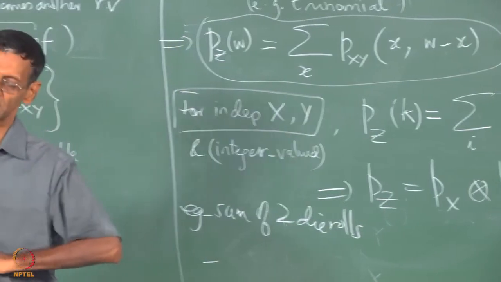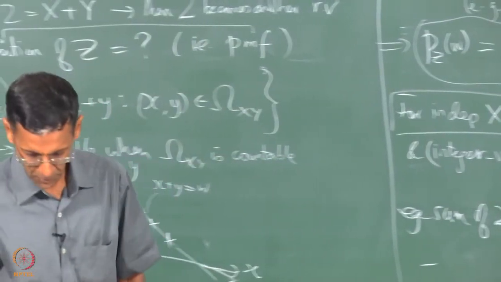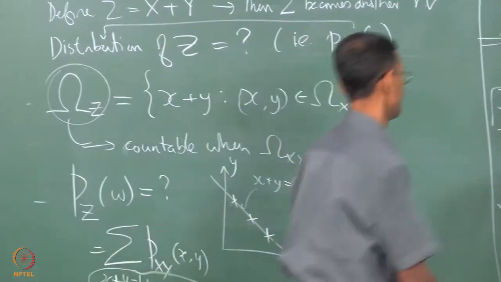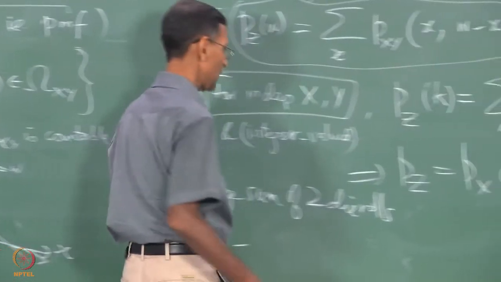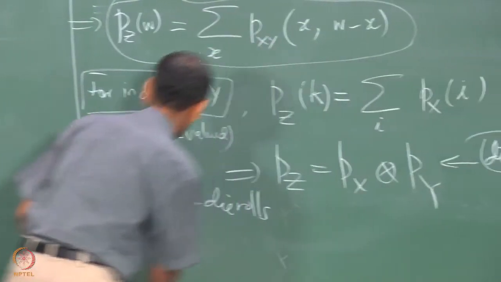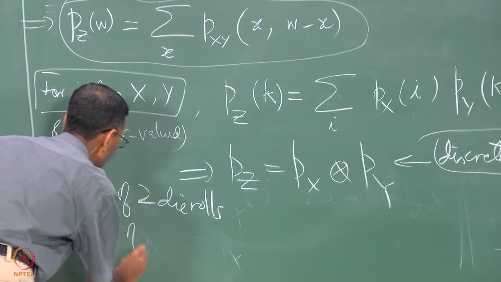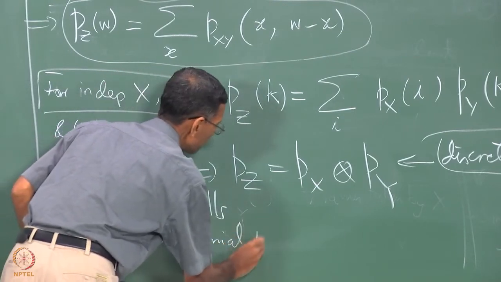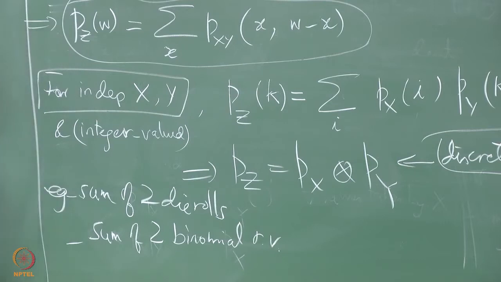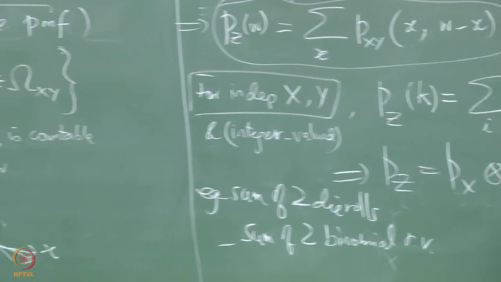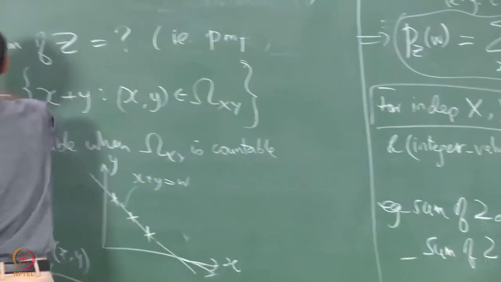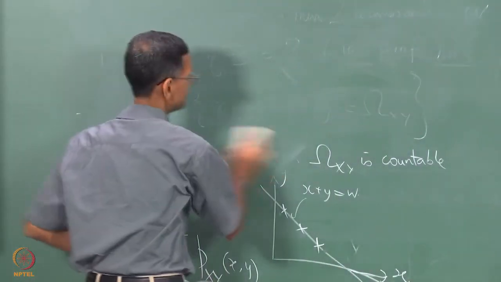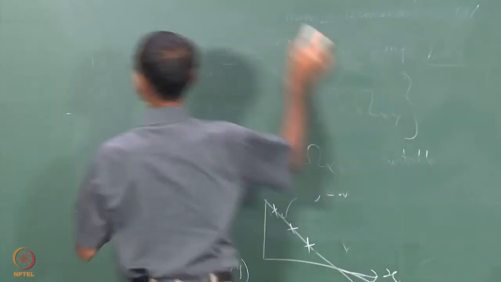Sum of two binomials, this is a very important example which we have to look at. Let me write it here: sum of two binomial RVs, but not any two binomial RVs.